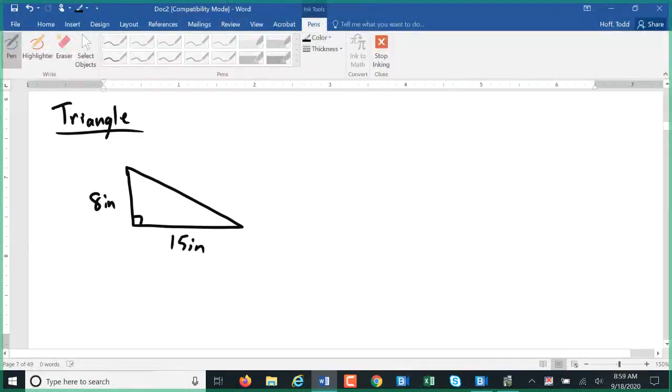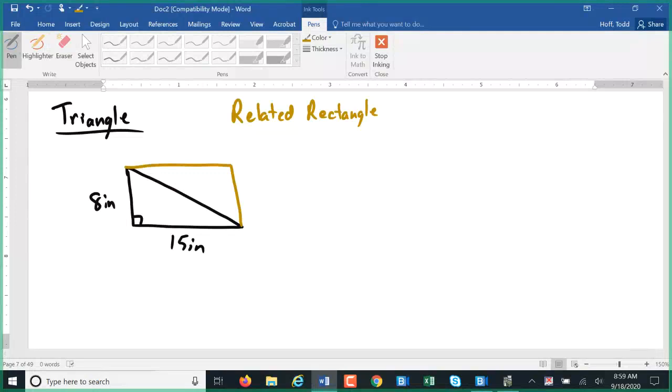Well, this triangle has what we refer to as a related rectangle, which means it's really viewed as part of that rectangle. I assume that looks like right angles. I got a little slanted there. But it's part of that original rectangle.